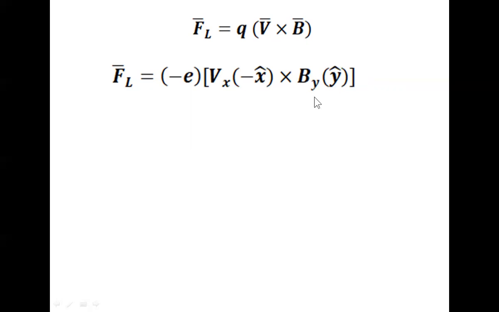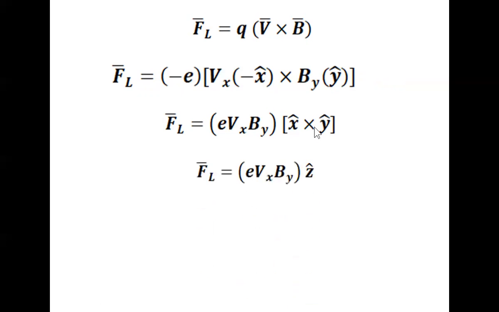Similarly, B_y represents the magnitude of the magnetic field, whereas y cap represents the applied direction of the magnetic field. Now, if you rearrange this, minus minus becomes plus, and V_x and B_y can be taken out of the bracket because they are constants. What you will get is F_L bar is equal to e into V_x into B_y into x cap cross y cap. This x cap cross y cap can also be written as z cap, and hence this is the expression for the Lorentz force experienced by the electrons moving along the negative x-axis.